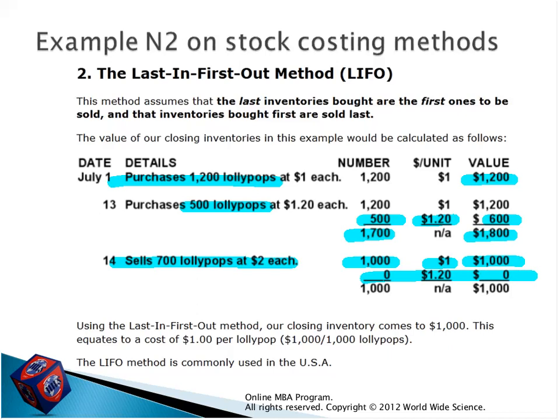Now we are selling the 700. This 700 of lollipops must firstly be taken from the second purchase, right? Where is it? 500 only. That means 700 minus 500 will get 200 units, which must be taken from the first purchase.